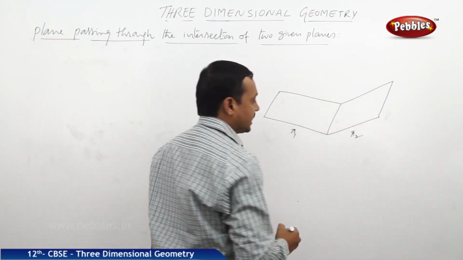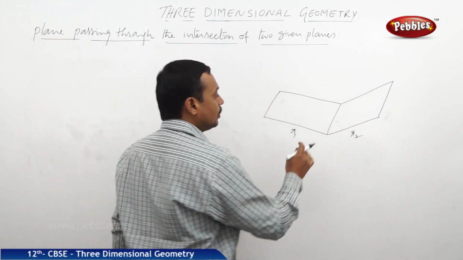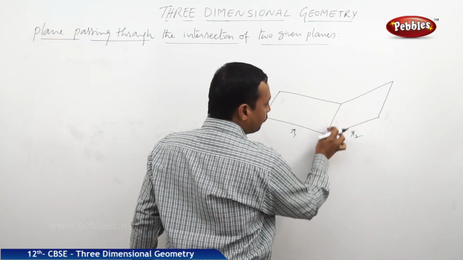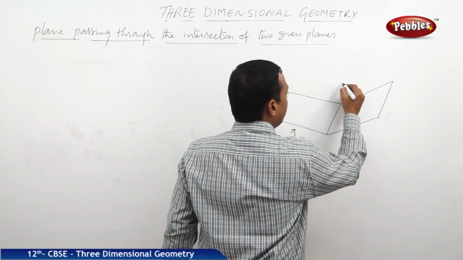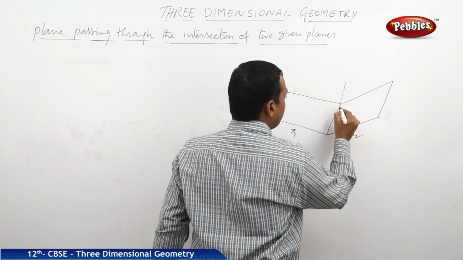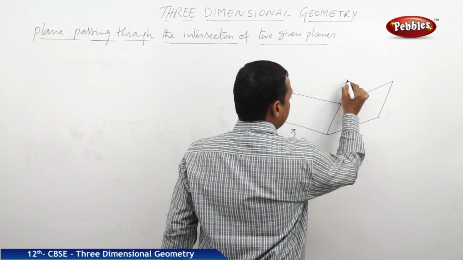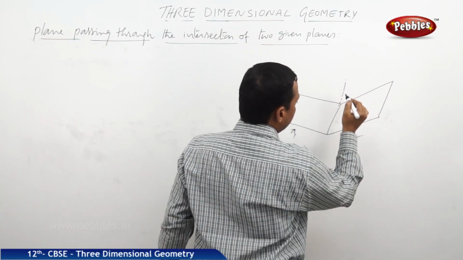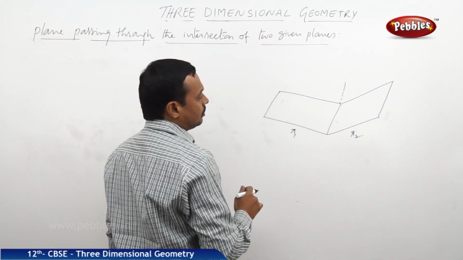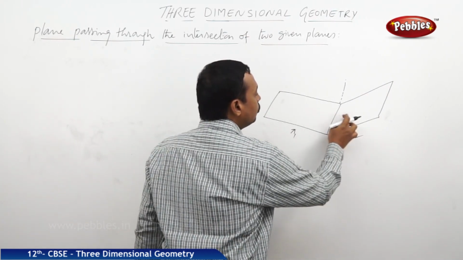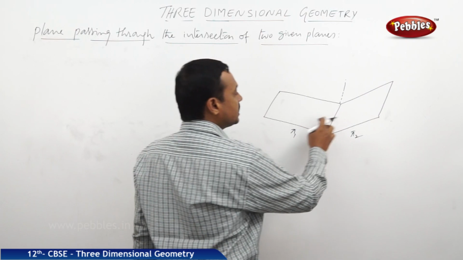This is the second plane denoted by pi 2. This is the line of intersection of the planes. Now, let us find the equation of the plane passing through the line of intersection of the planes.